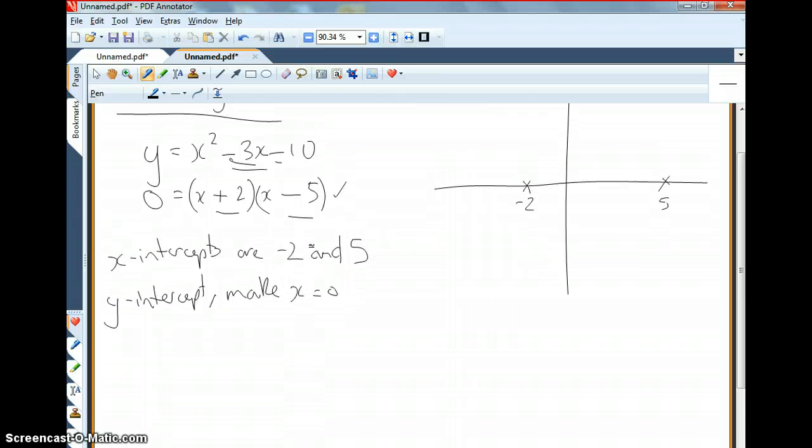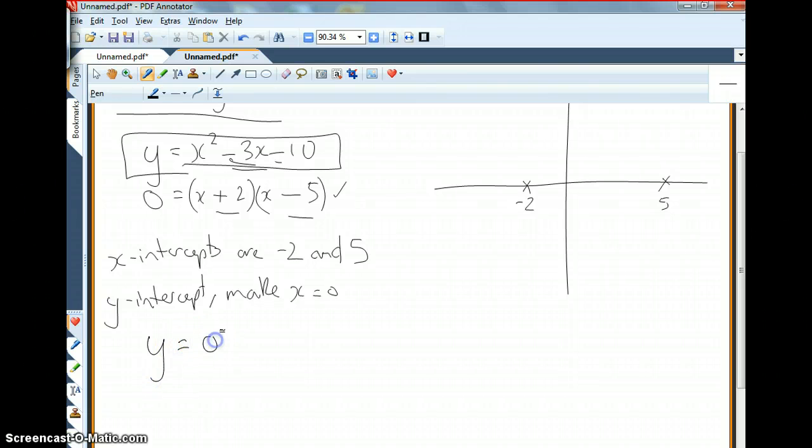By the way, we could use this one for making x 0 in. Okay, so if I do that, 0 squared minus 3 times 0 minus 10. It's the y-intercept. Just check that it works in this one as well.